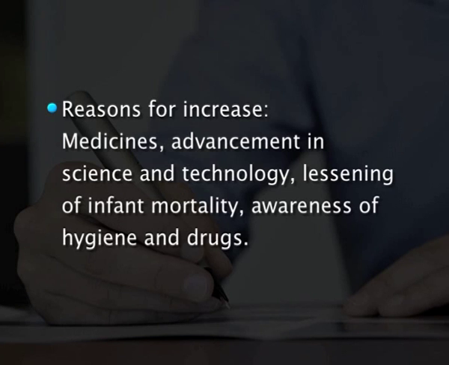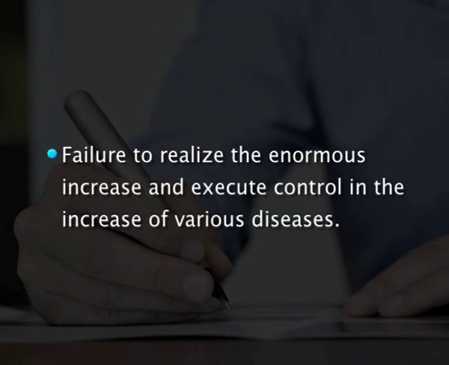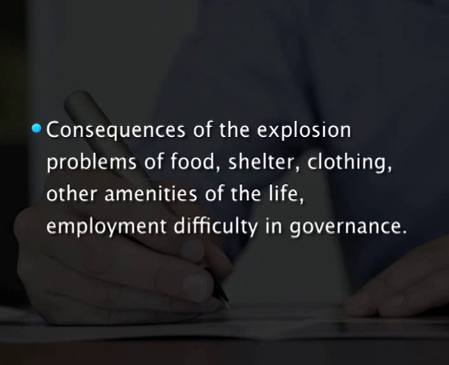Medicines, advancement in science and technology, lessening of infant mortality, awareness of hygiene and drugs. Third point, failure to realize the enormous increase and execute control in the increase of various diseases.